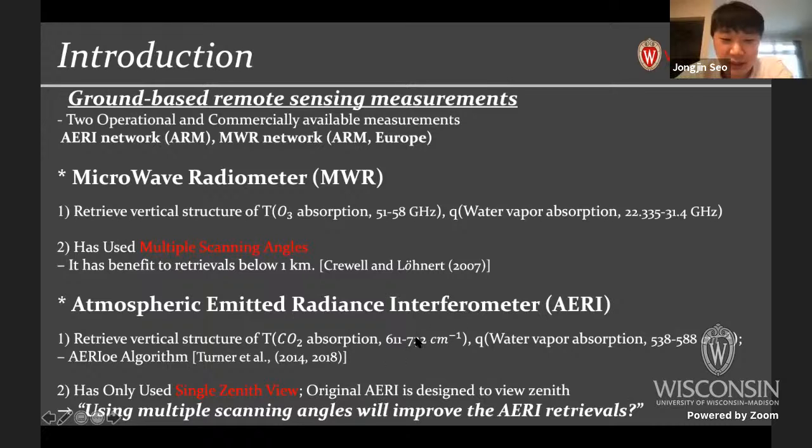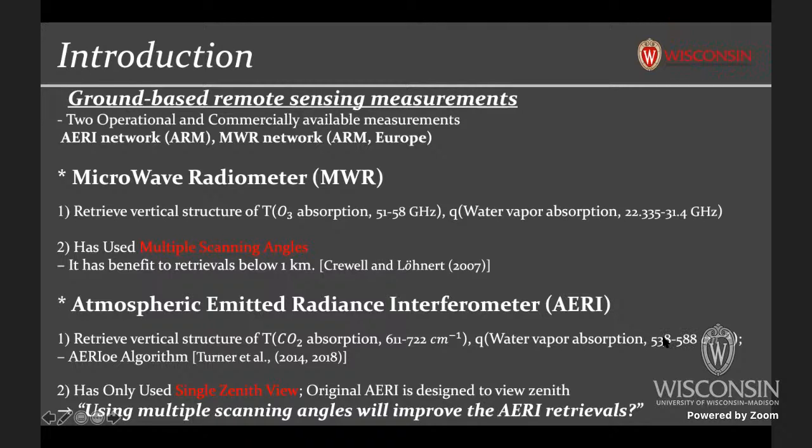So we use the CO2 absorption band between 611 and 722, and we use the spectral channels for water vapor between 538 and 588. Okay, so you're using ranges of channels associated with these absorption features as opposed to a discrete selection of individual channels. Is that right? Yes. Okay, thank you.